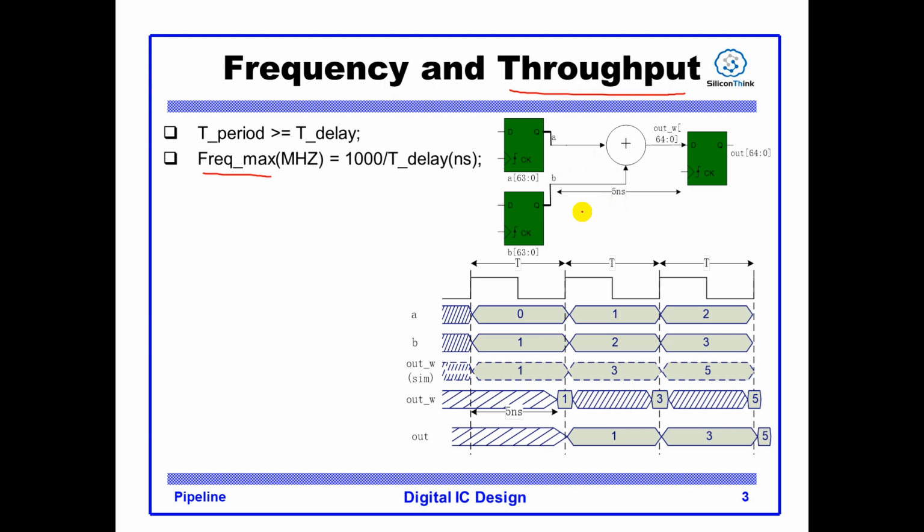So the function is out equals A and B. Okay, simple. So for this circuit, if we assume the delay of this AND is 5 nanoseconds, what's the maximum frequency the circuit can run at?